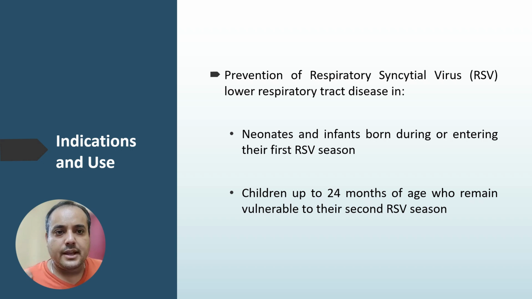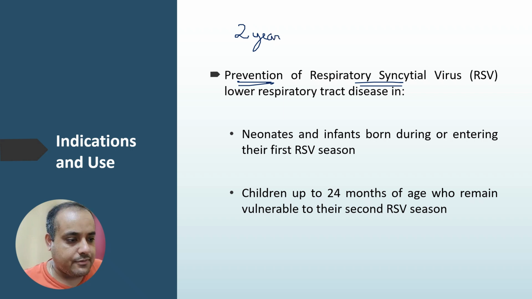The indication of this drug is that it is used for the prevention of respiratory syncytial virus infection, and it is indicated for children up to 2 years or 24 months of age.